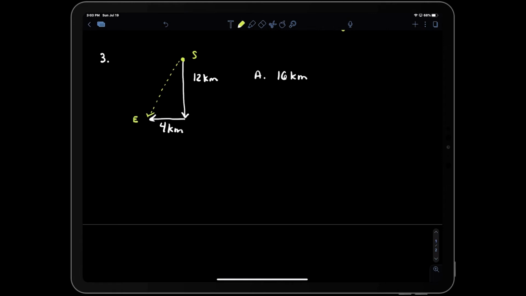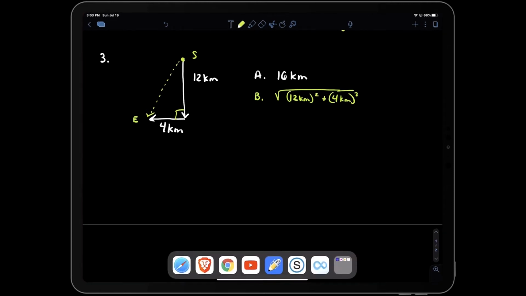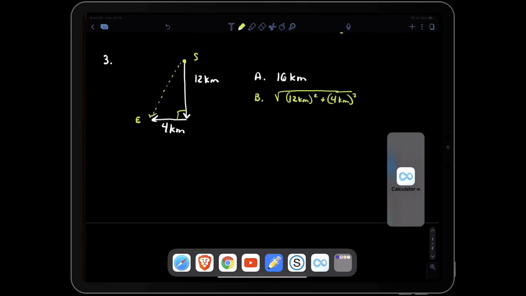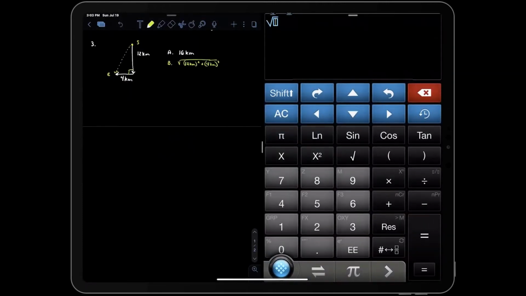Okay, so we formed that right triangle again. So I'll make this a little bit quicker this time. So for part B, the displacement, I know that I'm trying to figure out the square root of 12 kilometers squared plus 4 kilometers squared. All right, so our calculator, we'll throw this up, and we have square root of 4 squared.